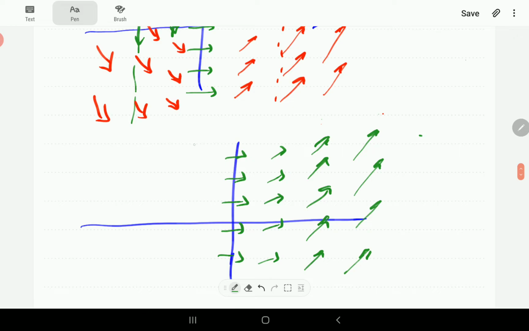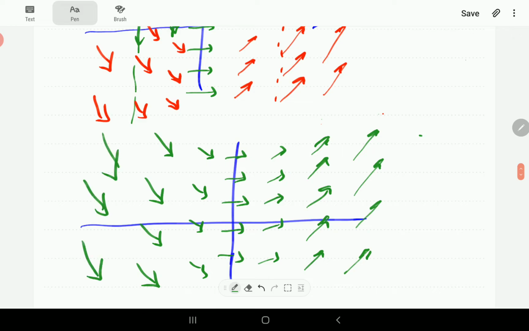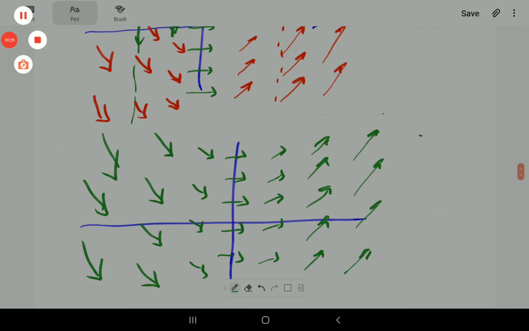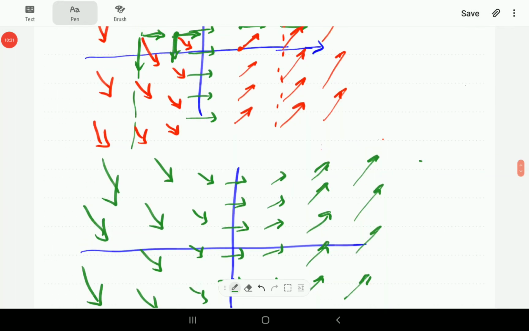And then this side, this is what we're going to have. And then again, as you get further from the origin, the magnitude increases and the angle of inclination increases. So that's going to be what the sketch of the second one is going to look like.